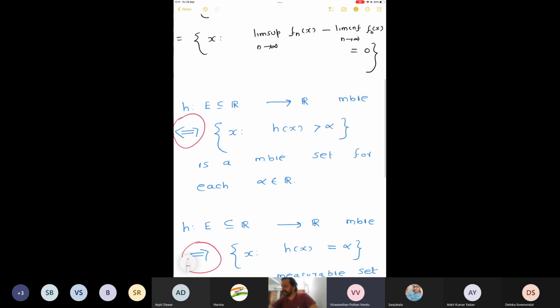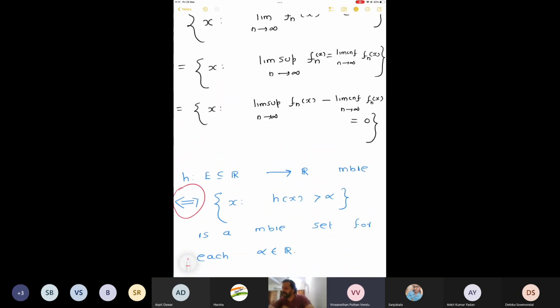Okay. So nevertheless, now let us go back to our problem. Now you can see that the set under consideration is the collection of all x such that some h of x equals 0, where h is measurable. And hence that set is measurable. Are you with me? Is it okay? Yes, sir.